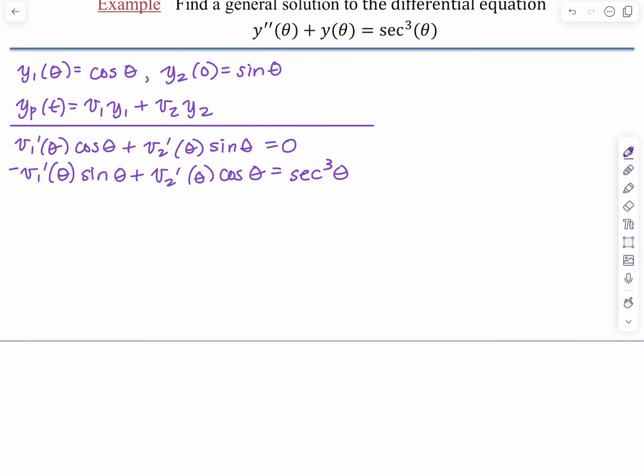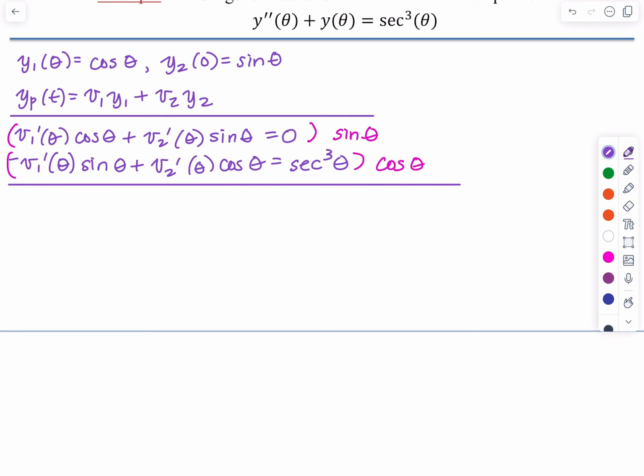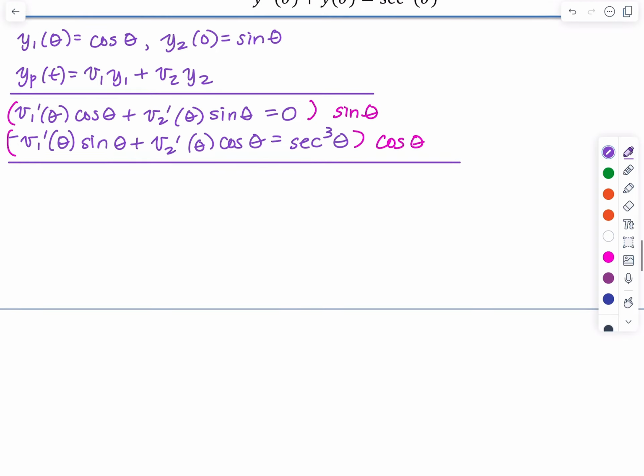Now we're going to go ahead and multiply this first equation by the sine of theta, and our second equation we will multiply by the cosine of theta. And we will then add them together.